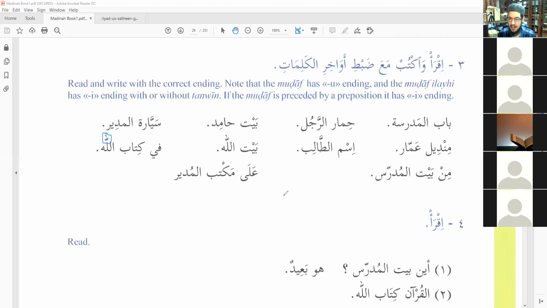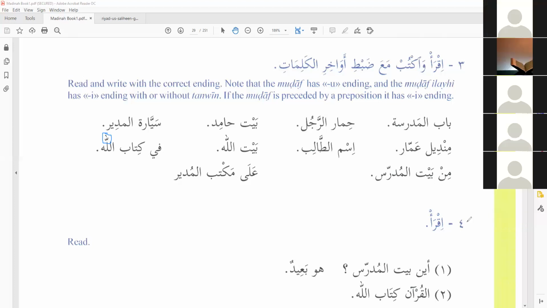Fantastic. And finally, someone from the Sheikh family. Could you do the last one here? Ala maktabil mudarrisi. Look again at that last word. Ala maktabil mudiri. What does that mean?